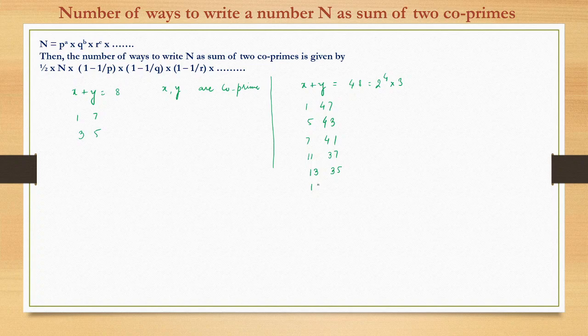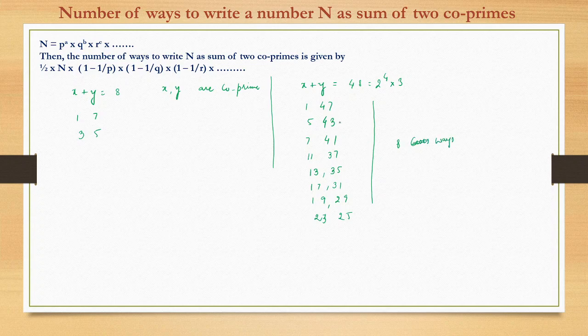Another would be 17 and 31, then 19 and 29, then 21 and 27, but it has a common factor, 23 and 25. So this is the way. So how many? 1 2 3 4 5 6 7 8. So there are 8 such cases, right? 8 cases, 8 ways, rather.